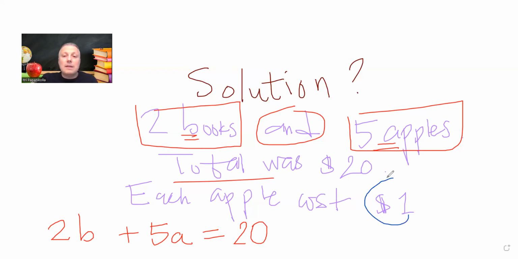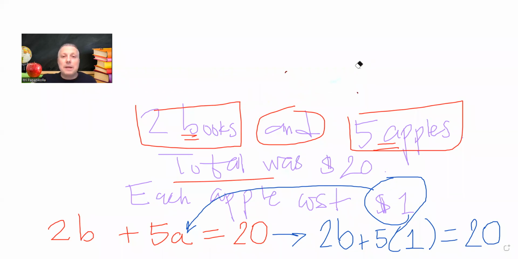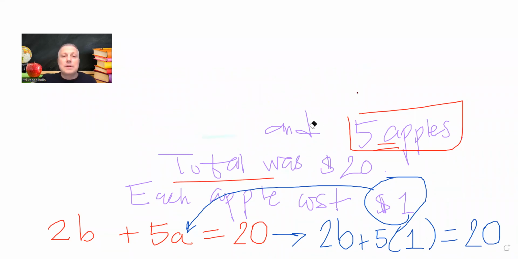So I think that is very helpful here, because knowing that the apple is $1, we can go here and replace the A with 1. So that means the equation becomes 2B plus 5 times 1 equals 20. Okay, so I'm going to erase a little bit up here and move this solution to the top of the page.